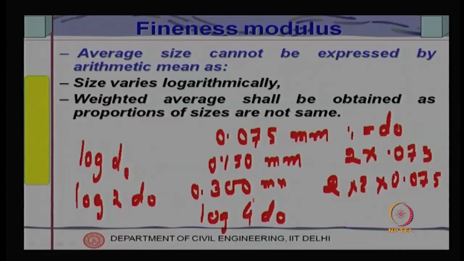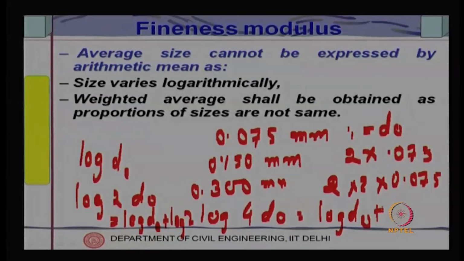So, in log scale they will vary in arithmetic progression, because every time you are adding log 2. This can be written as log d 0 plus log 2, this will be written as log d 0 plus 2 log 2 and so on. So, it varies in arithmetic progression in logarithmic scale. So, sizes are in geometrical progression, and therefore, they vary logarithmically.